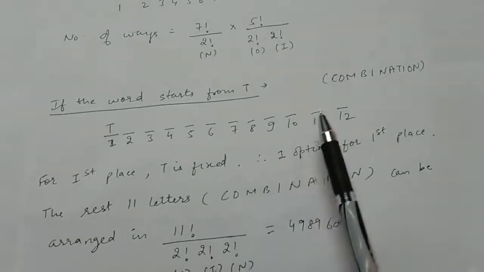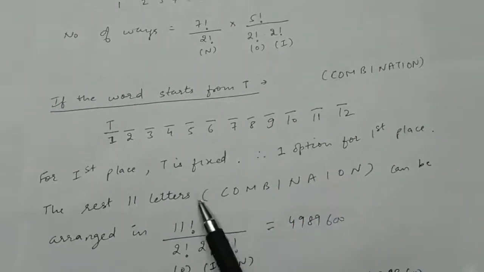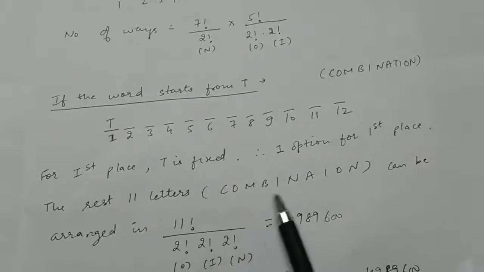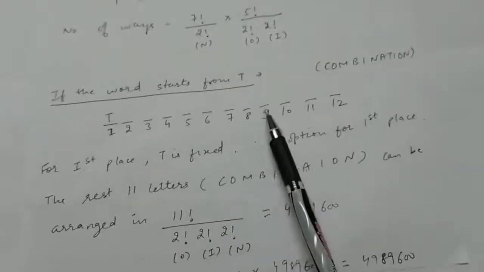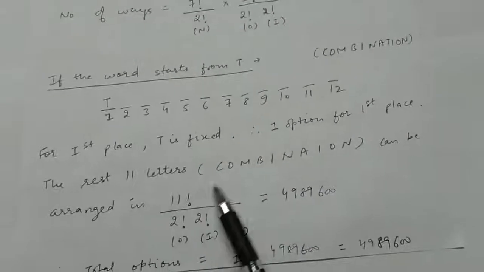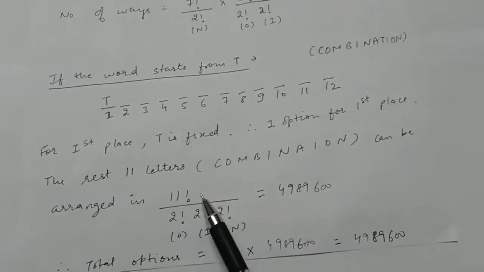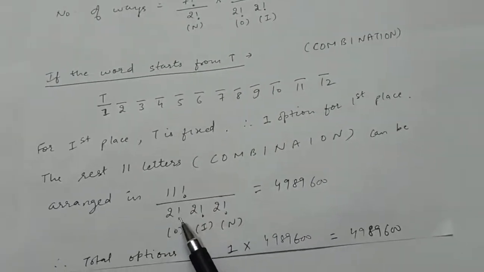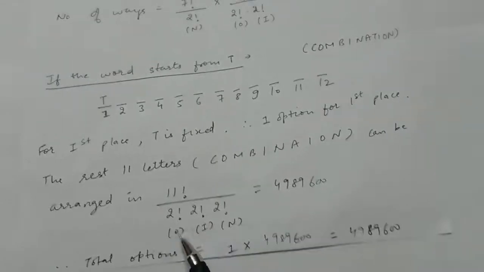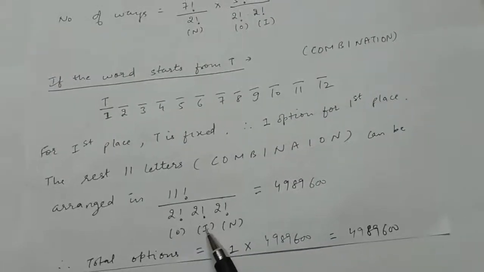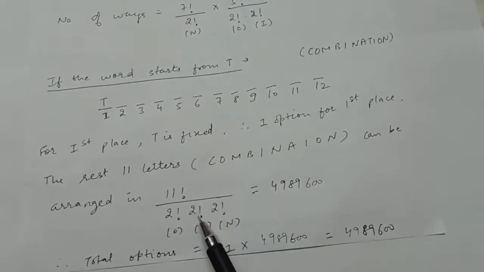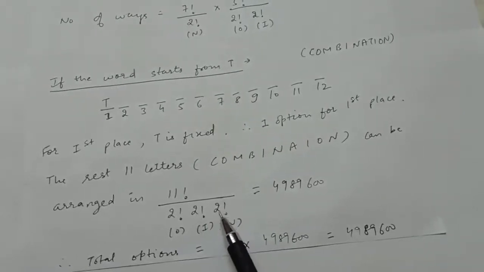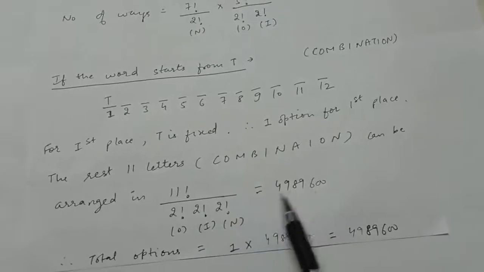Also leave T, then you will be left with these 11 letters, which can be arranged in these remaining 11 places. So 11 factorial divided by 2 factorial, because O is repeating twice, I is also repeating twice, and N is also repeating twice. So we will divide it by 2 factorial into 2 factorial also. So you'll get the answer as this.